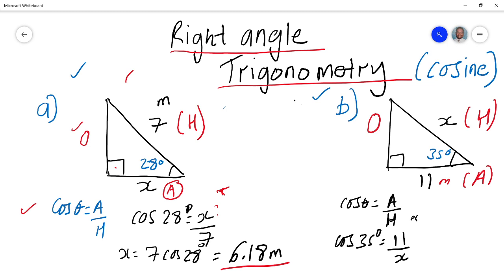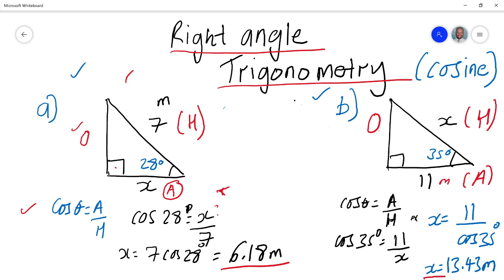So that therefore becomes x equals 11 over cos 35 degrees. So x is 11 divided by cos 35. You get your calculator and go 11 divided by cos 35, and that is 13.43. So x becomes 13.43 meters.